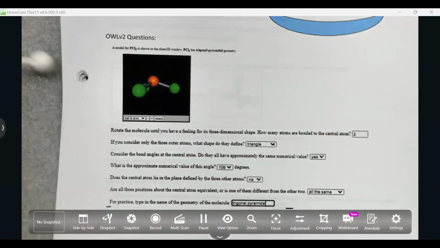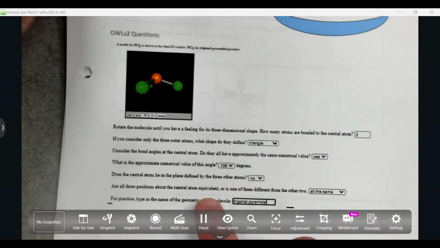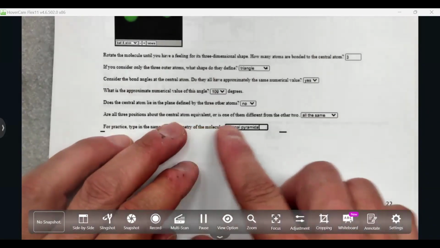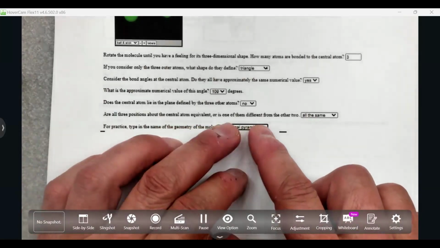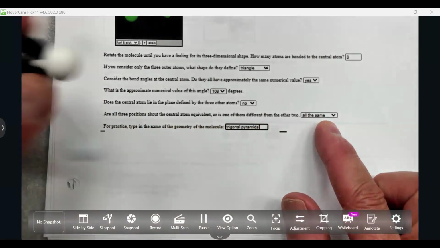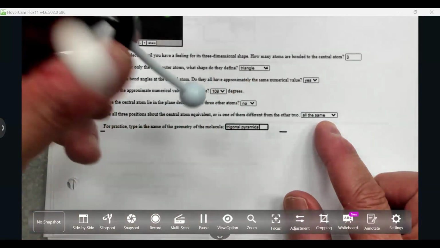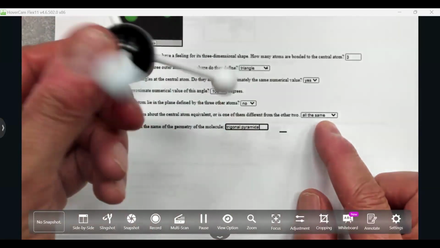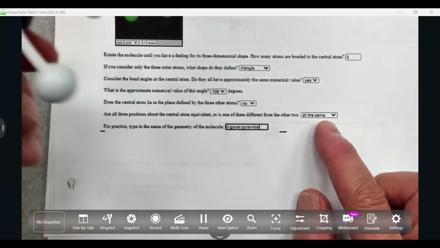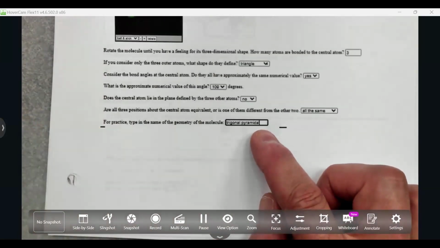You can't draw a line through all 4. So the answer to that is no. Are all 3 positions about the central atom equivalent, or is one of them different from the other 2? They're all the same. For practice, type in the name of the geometry of the molecule, trigonal pyramidal.